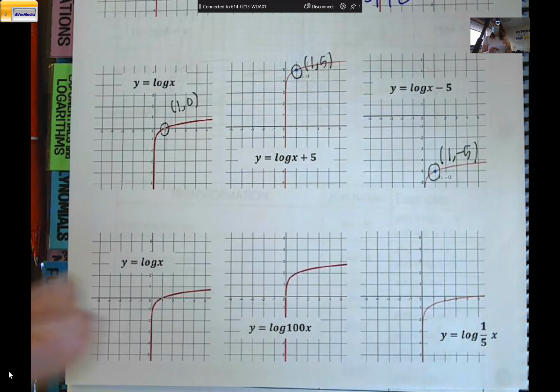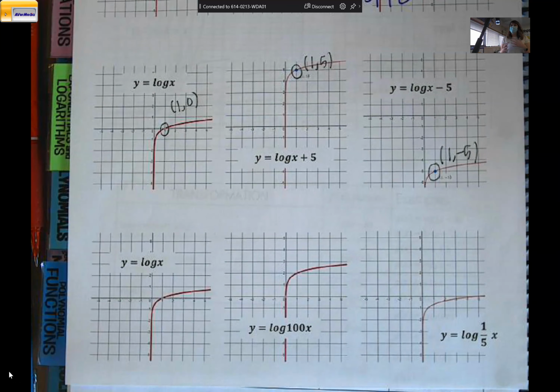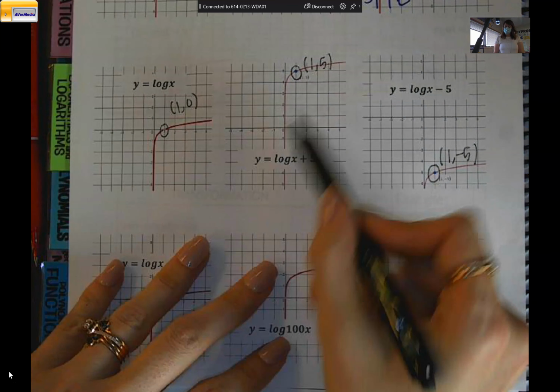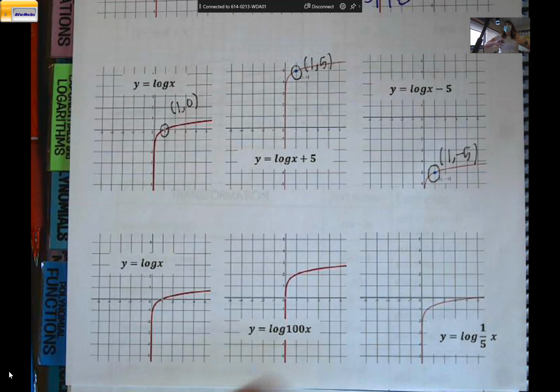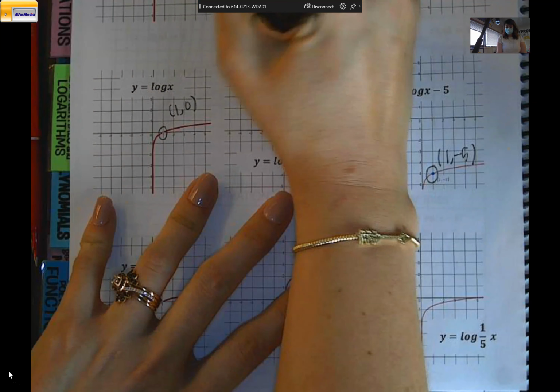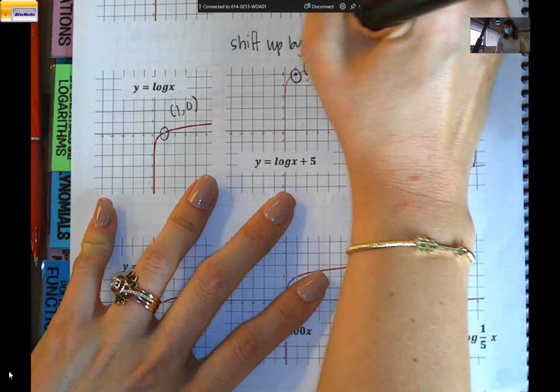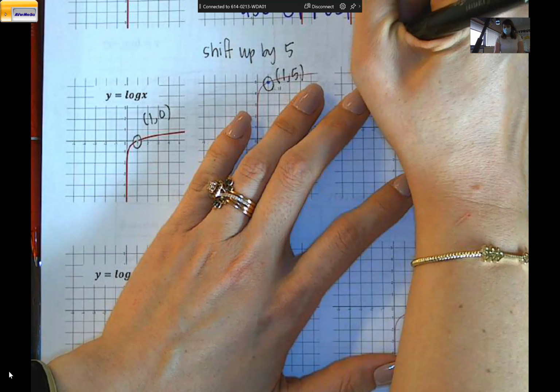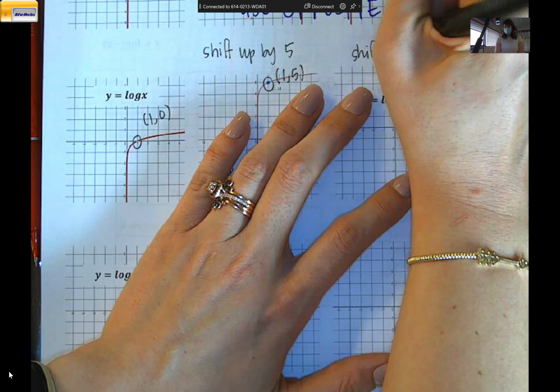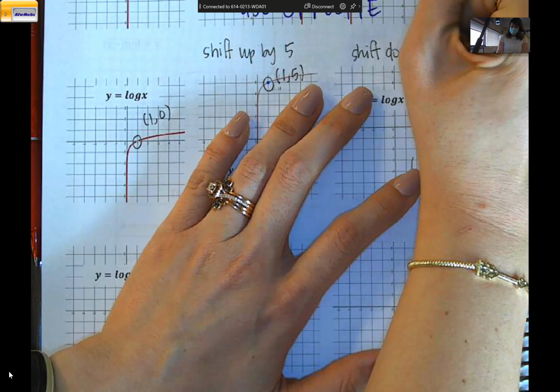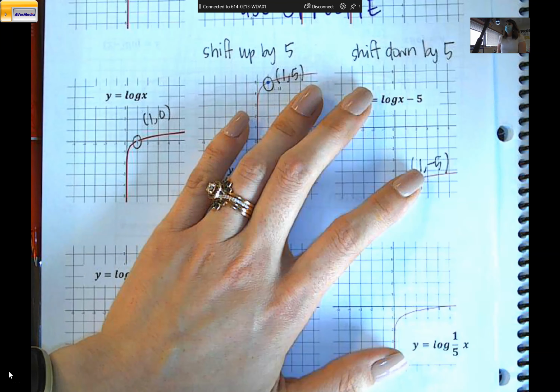So that transformation is direct. You don't use the opposite. If you see a +5, that means you took your whole function and moved it up by 5. So this one is a shift up by 5. This one is a shift down by 5.